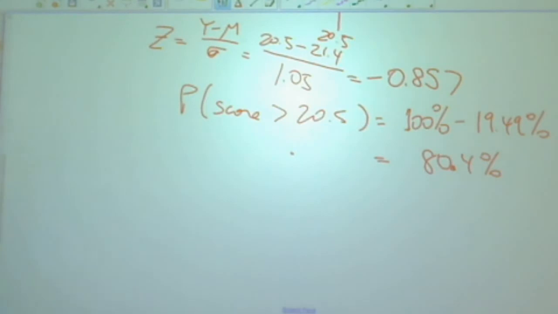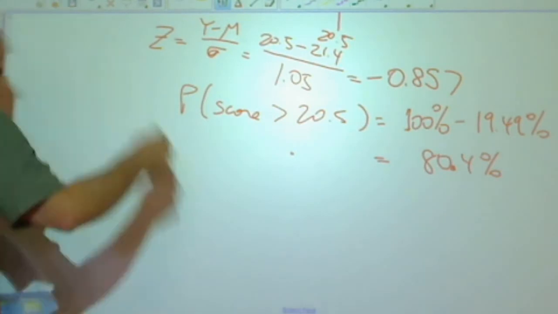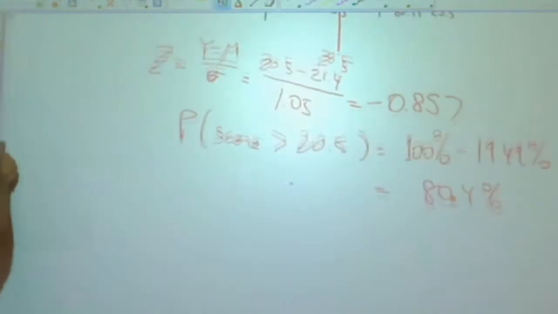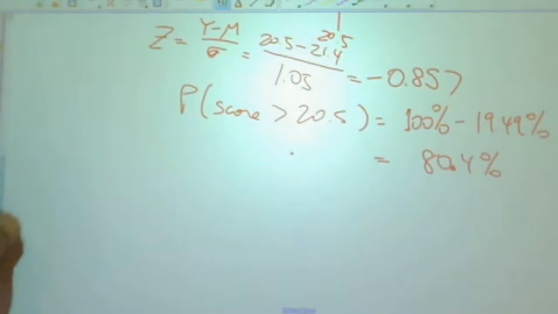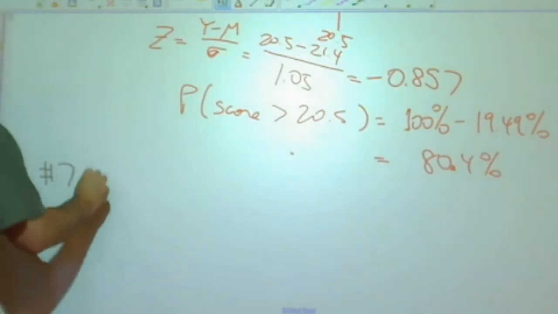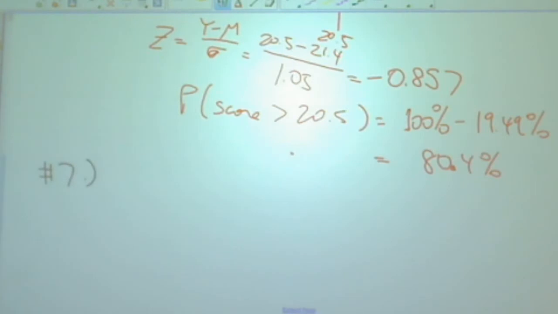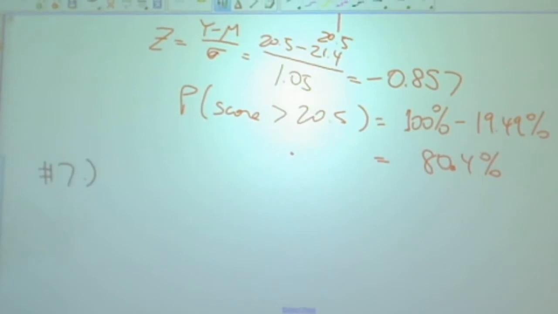Okay. Now, so this was problem 6. Problem 7, we're using the same data. Use the population information from, and if there's a typo, not from number 7, from number 6. Okay. Now we're talking, hey, now we have a random sample.